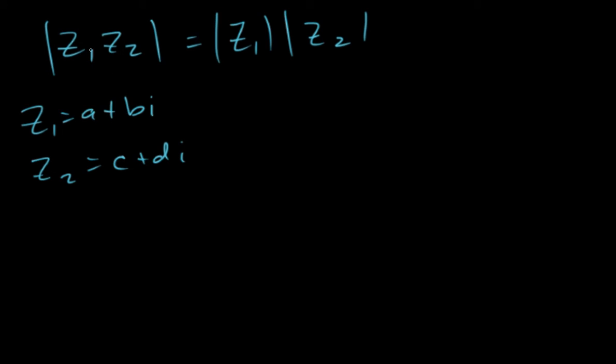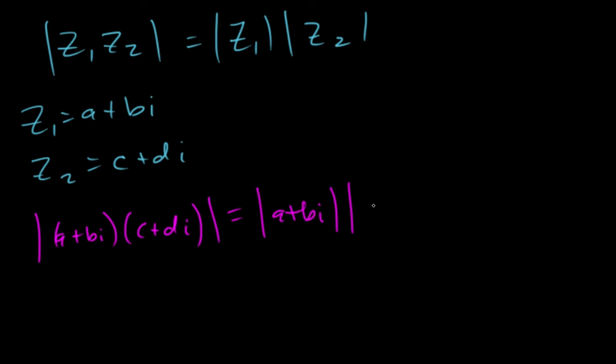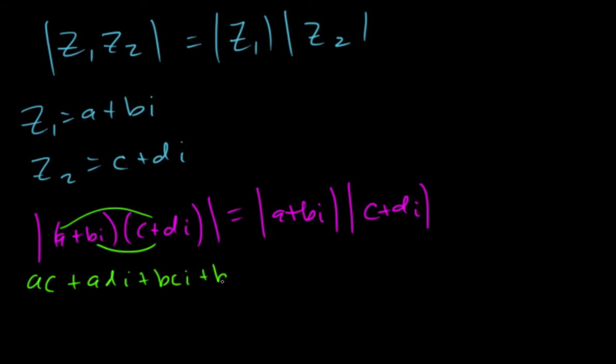So if we plug that in right here, we're going to have a plus bi times c plus di. Okay, over here we need to multiply: ac plus adi plus bci plus bdi squared.